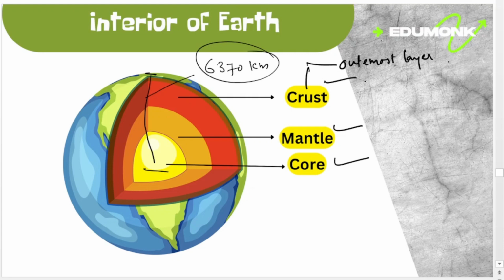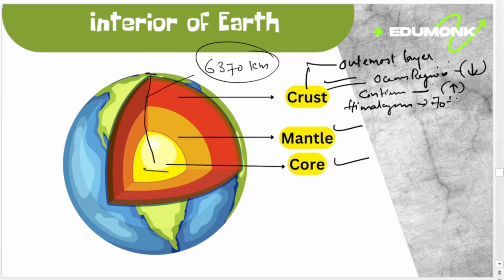So we can write: in ocean regions, thickness of crust is less. In continental regions, thickness is high. In the Himalayan region, thickness is around 70 to 100 kilometers. That's a huge thickness.